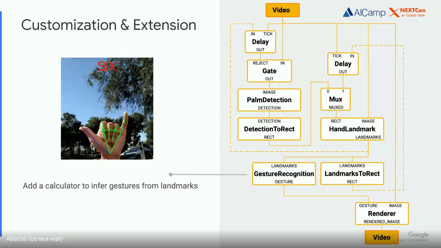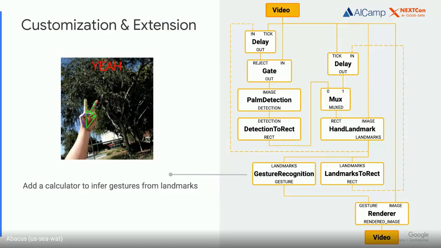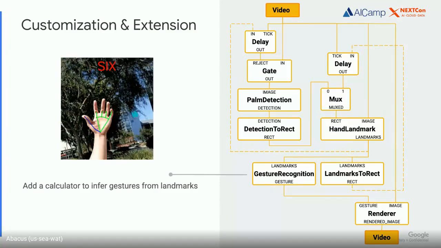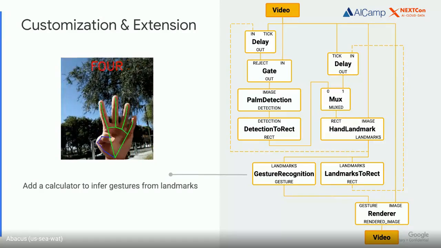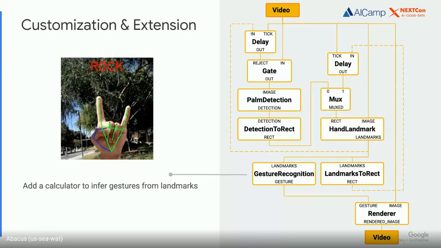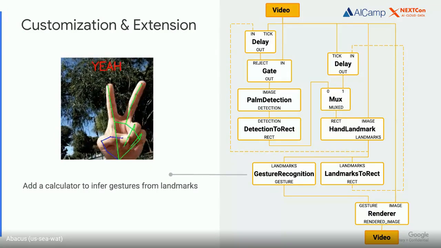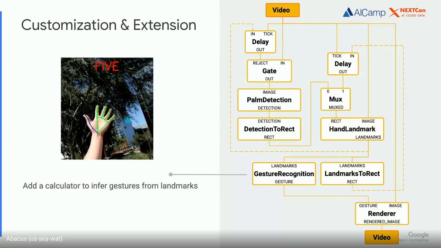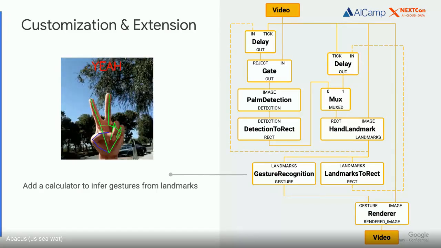I guess this is like 22 two-dimensional coordinates; that's what the hand landmarks are. We're going to train that neural network to produce as its output a gesture tag. So in this case, this gesture gets tagged as yes or as yeah, and this gesture gets tagged as Spider-Man, because it looks like the Spider-Man gesture.